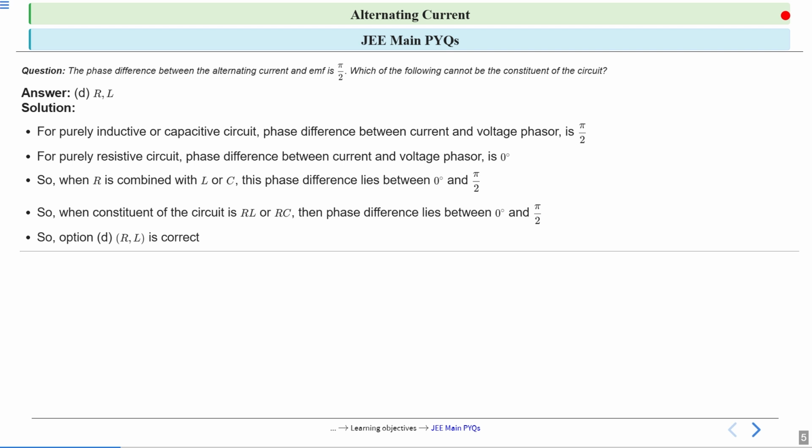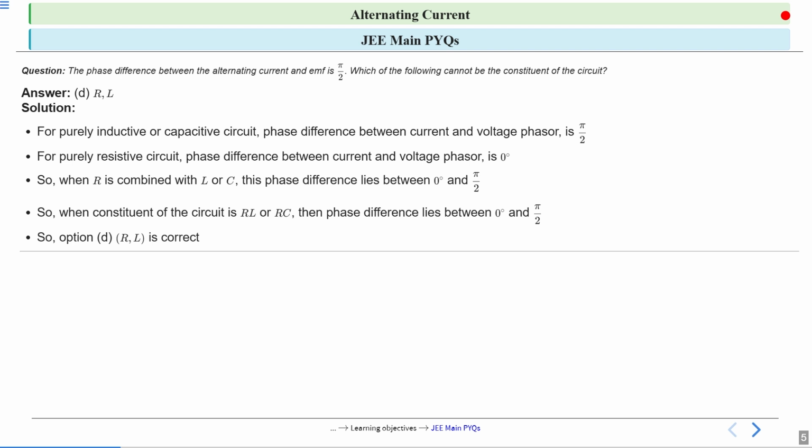So when we take the resultant of these two voltage phasors, due to capacitor and inductor, the resultant will be in the direction of VC or VL. Okay, the resultant also has phase difference pi by 2 with the current.